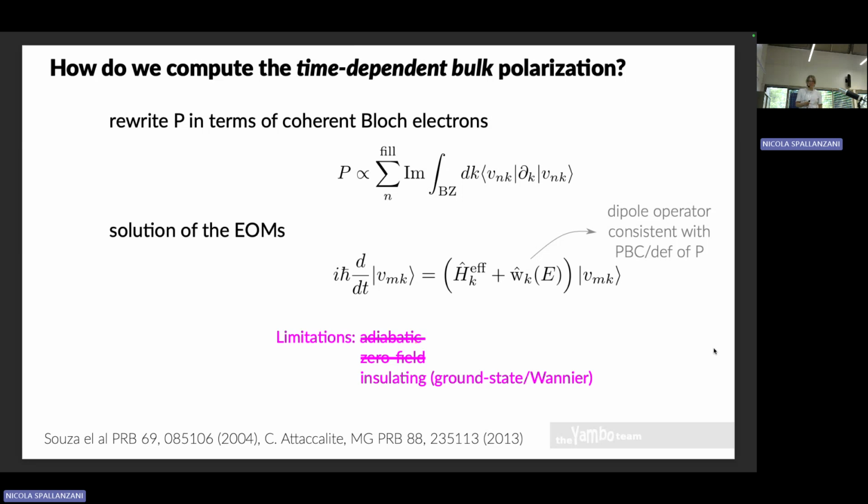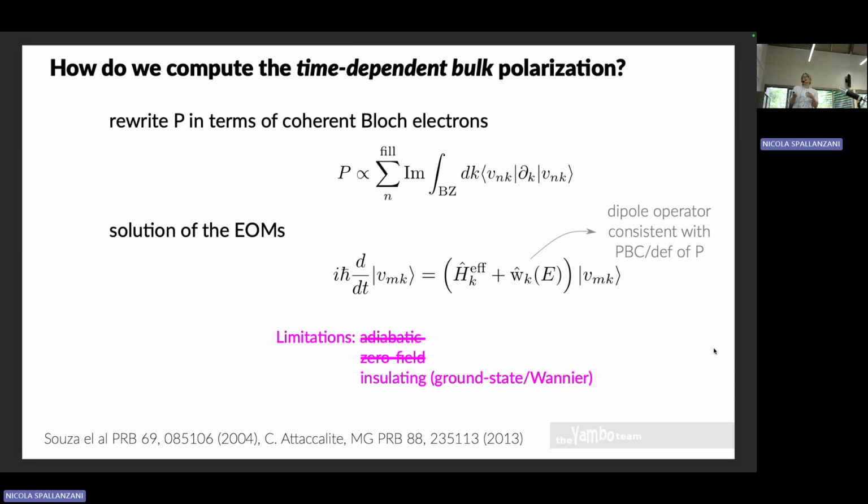Still, you have the insulating limitation. If you want to use this theory, we have to start from something that in the ground state is insulating, so it has a gap. When it is evolved in time, according to Souza, you can keep it insulating, but in a Wannier sense, in the sense that the Wannier states should be localized.